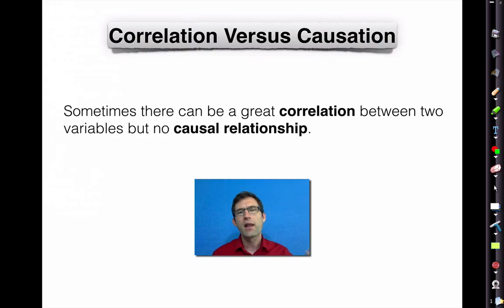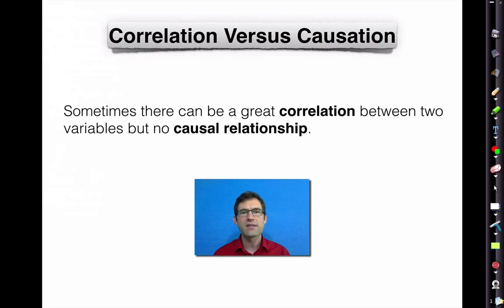All right? And a lot of times what will happen is people will draw causal relationships. In other words, well, I don't want that thing to get larger, so I have to stop that thing from getting larger, right? But as statisticians will say, correlation is not causation.